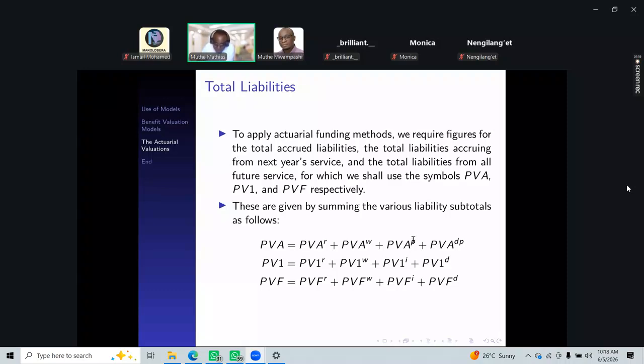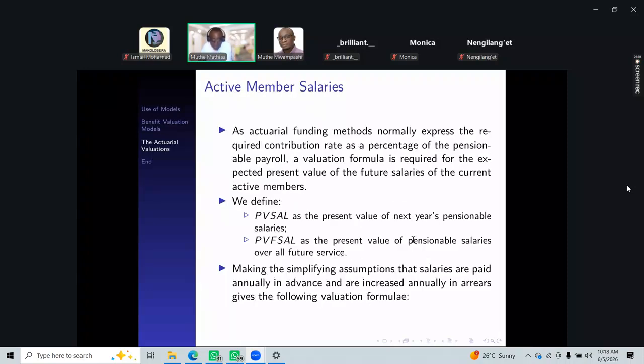So you can see that now, because I want to determine a contribution, and remember contribution is actually a percentage of salary. It's actually a proportion of salary. So it means that if I need to know the contribution, I need to know the liability first, and then of course I need to know the salaries, right?